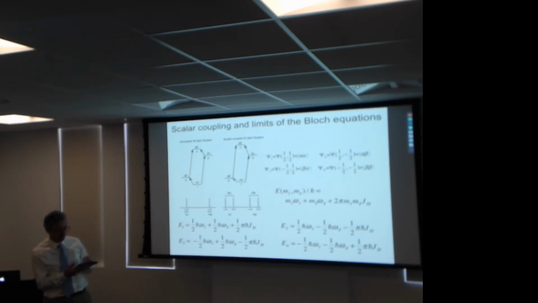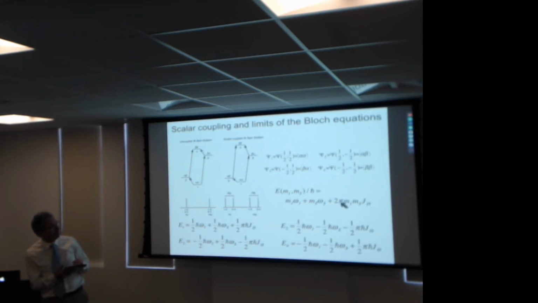present, the energies are now modified. They're modified by the scalar coupling, which is called J, and it's measured in hertz, times the magnetic quantum number of the I spin and the S spin, and then this factor of 2 pi that makes everything in angular units.